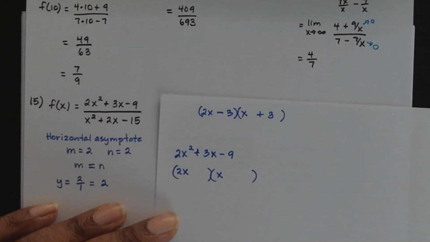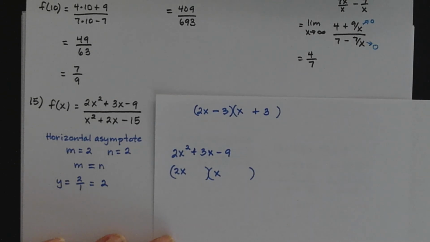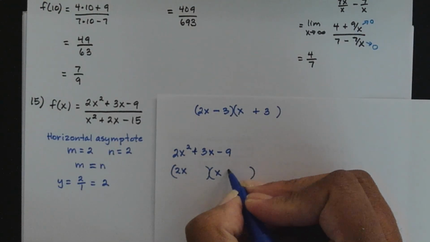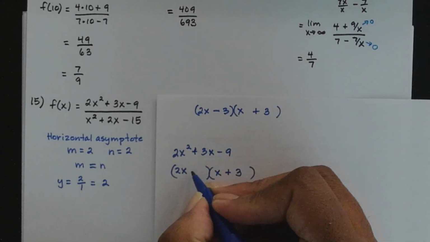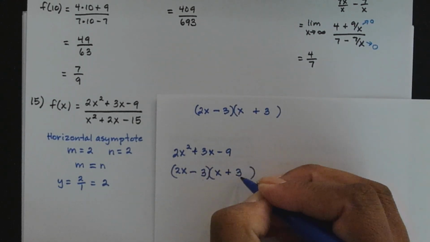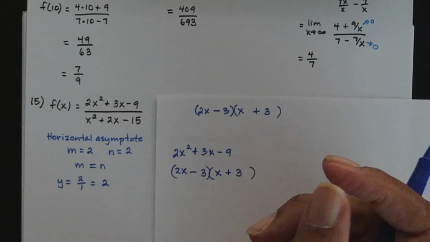And I use factors of 9, would be something like 3 and 3. And I had to put the plus 3 here and the minus 3 here. That way, 2x and 3 would give me 6x, minus the 3x would give me the middle term of 3x.